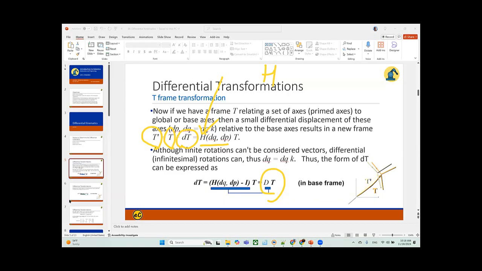And Q represents the status of the machine, so we call it state variables, including the theta and also the displacements. That's the state variable, the control variables. And you take the derivative on it, you get a new matrix.